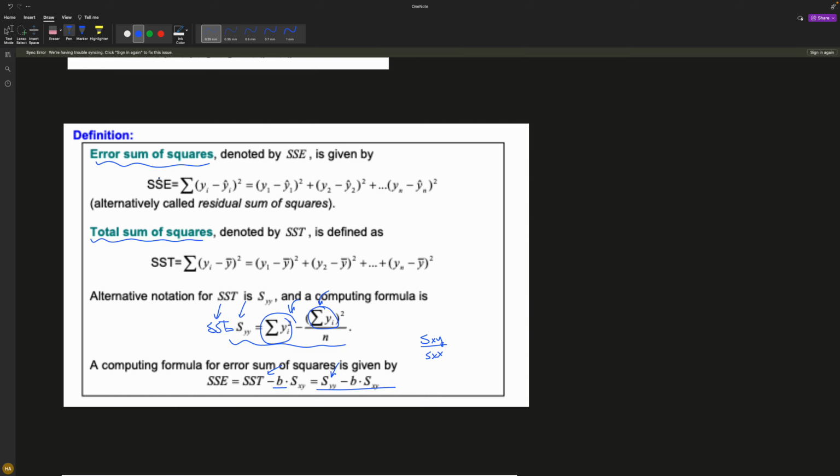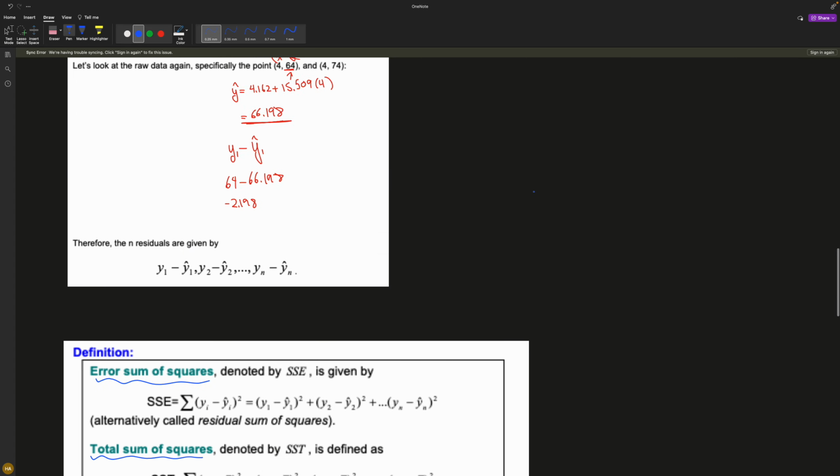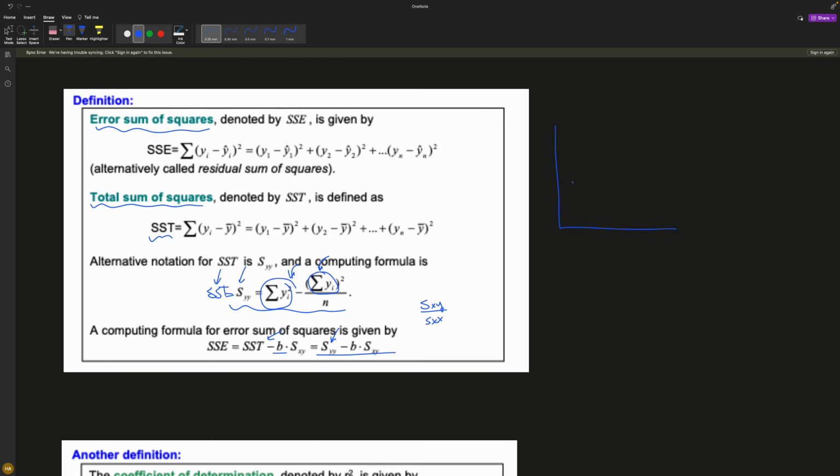Now, this might sound a little gibberish to you, but let's go back up here. SSE gives you the errors. And SSD, because it measures from the mean, gives you the spread, how spread out your data is. If your data is very spread out, that's what your SSD is.